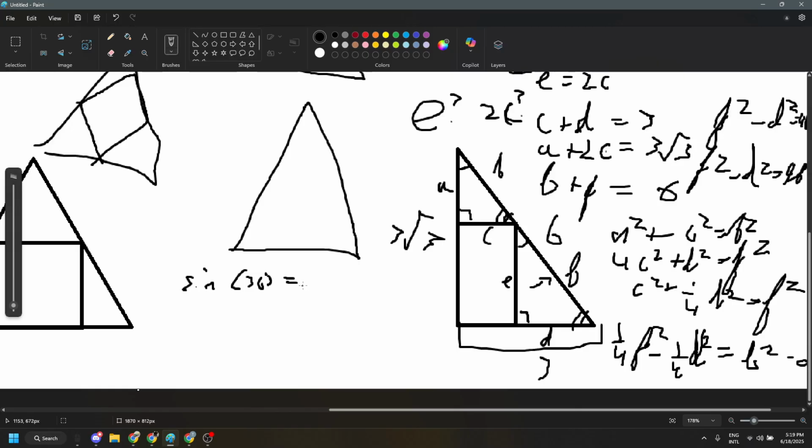D over F is equal to sine of 30, so that's like root 3 over 2.